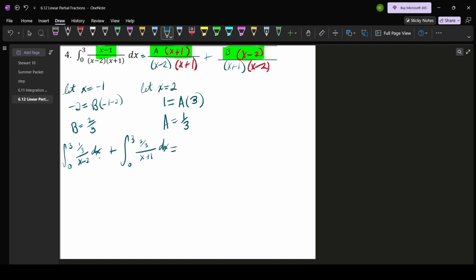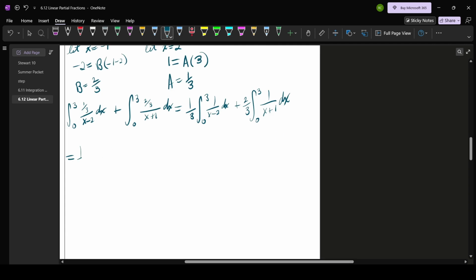Pulling these constants out, we get 1/3 integral from 0 to 3 of 1 over x minus 2 dx, plus 2/3 integral from 0 to 3, 1 over x plus 1 dx.